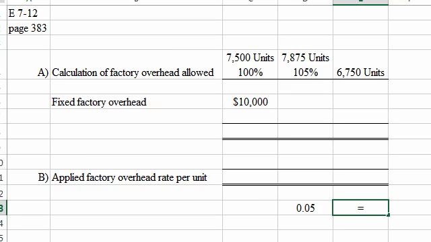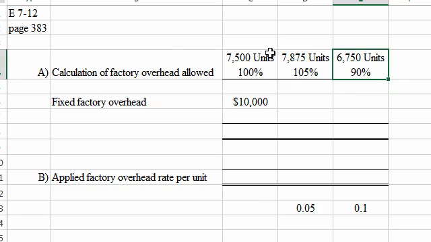So again, you got to divide the 750 by 7,500, the base number. Of course, that's 10%, which is 10% less than normal capacity. So that leaves us here at 90%.